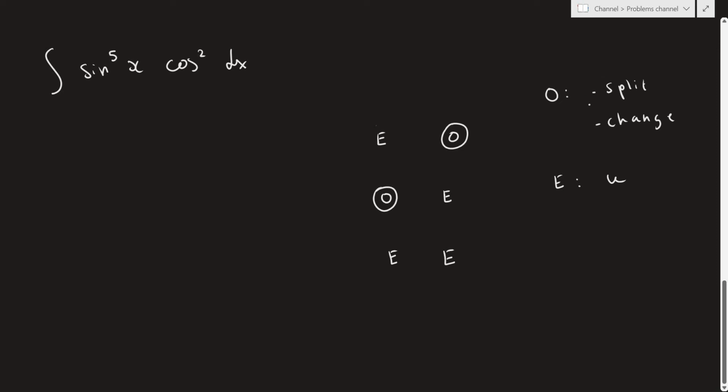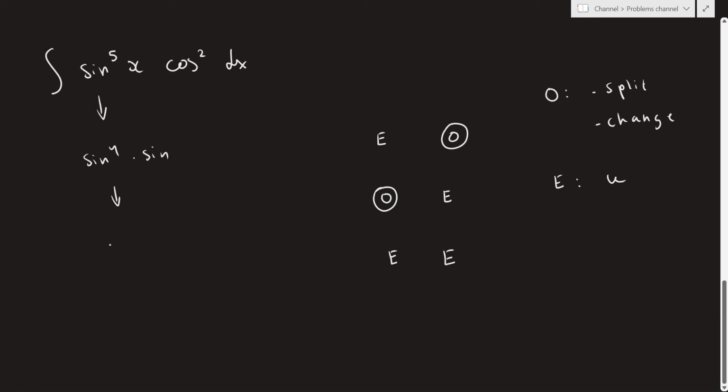So first of all, split. What I mean by split is that we're going to make it even first. So sine power 5 becomes sine power 4 times sine. This way I want it to be even. One should be even and the second one take it out. So it can be sine power 6 times sine, anything. But the first one should be even, and then times sine.